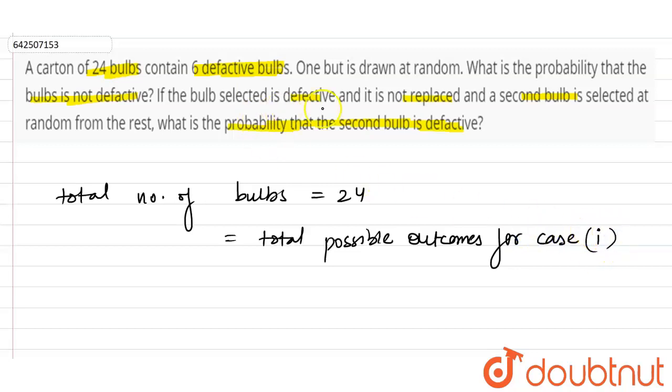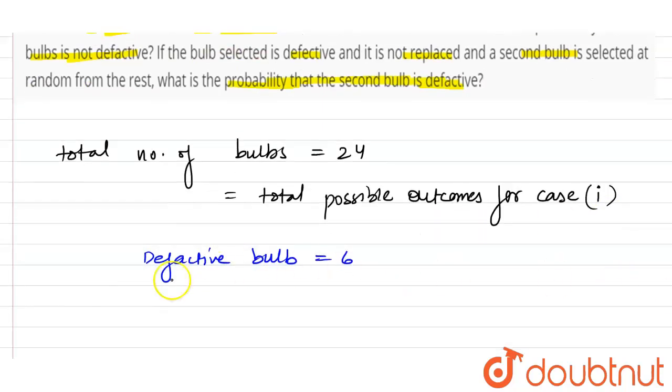Now in case 1 he is saying the probability that the bulb is not defective. Now the number of defective bulbs is equal to 6. Let E1 be the event such that the bulb is not defective.